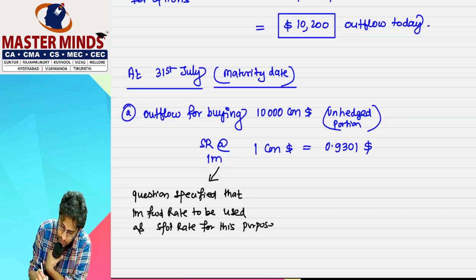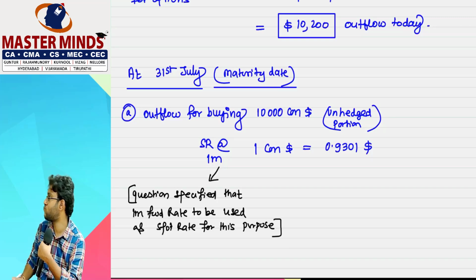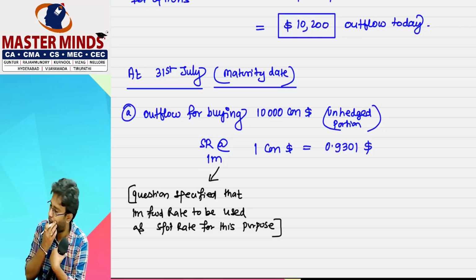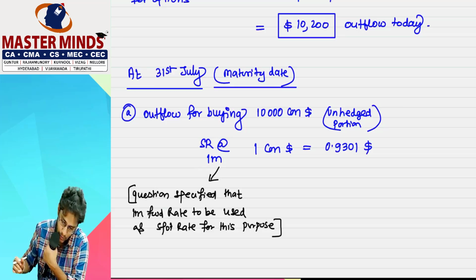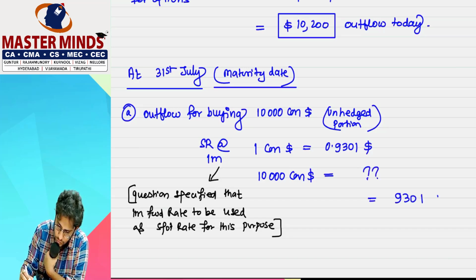That means, for this unhedged portion, treat that. So 10,000 CAN dollars, 9,301 dollars is definitely outflow.